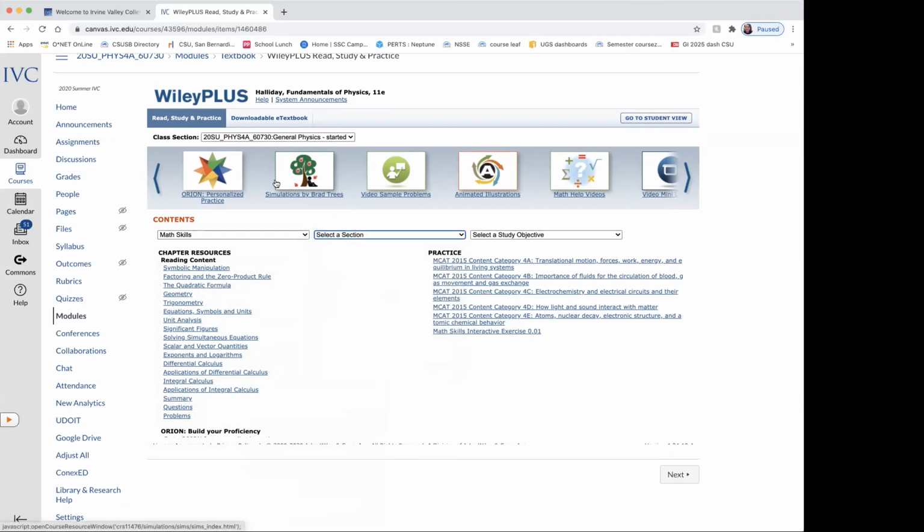So for today, what I want you to do is go through the practice Wiley Plus homework assignment on this. It's not worth any points, but just familiarize yourself with Wiley Plus, how it does things, how you have to enter scientific numbers sometimes, just so that you can play around and you're not worried about points.